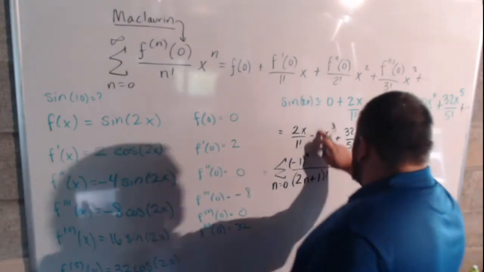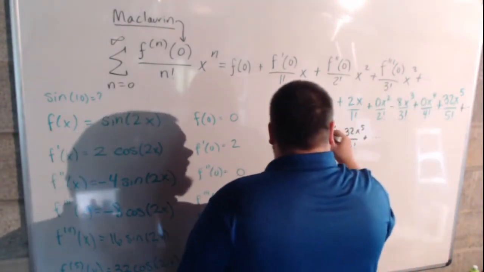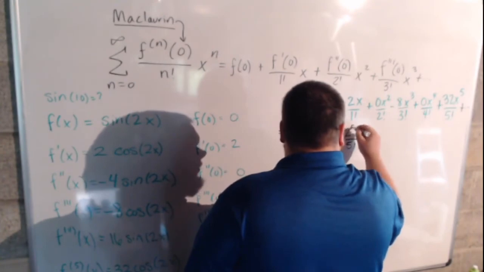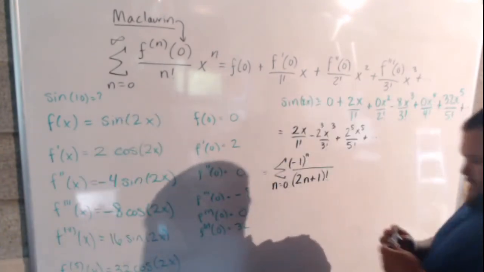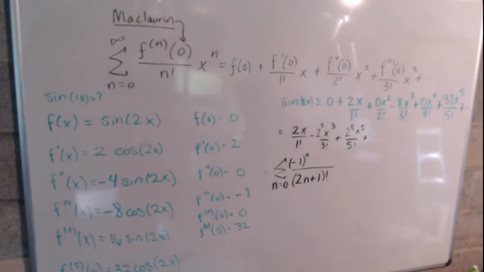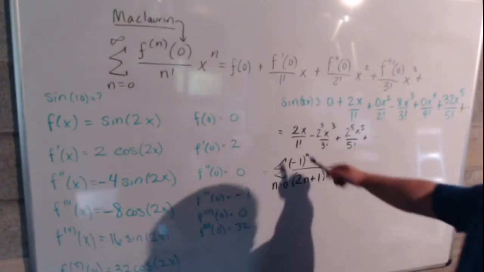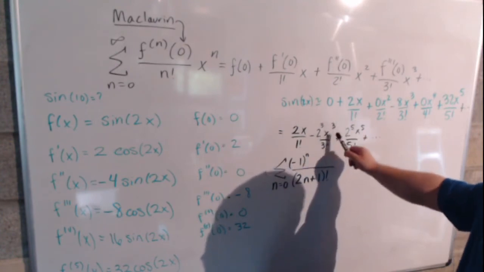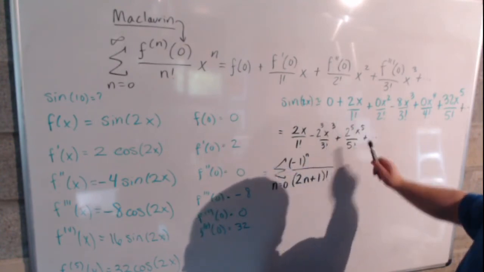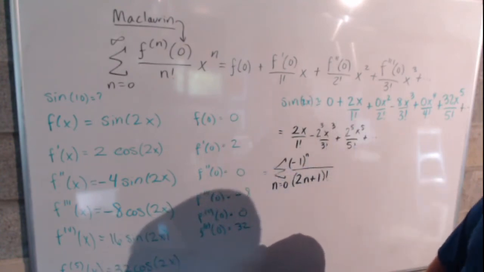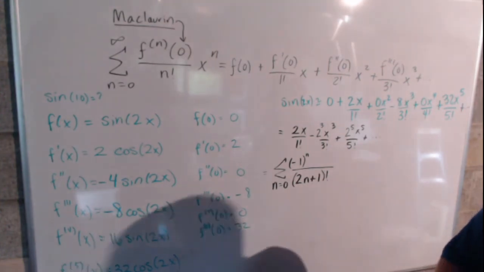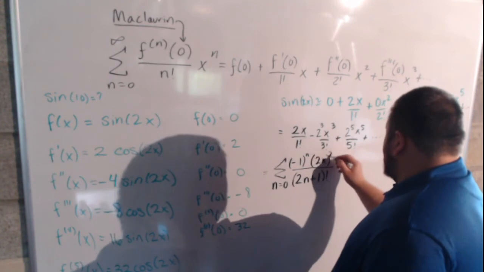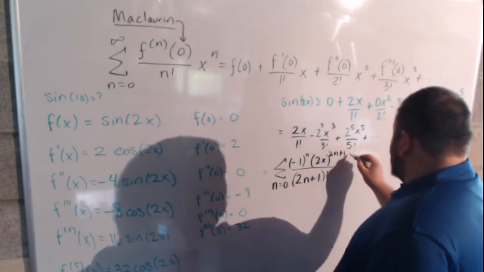I can write 8 as 2 cubed, and I can write 32 as 2 to the fifth. So in fact, we've got 2x to the first power, 2x to the third power, and 2x to the fifth power. So they are also two odd powers. So we've got 2x to the 2n plus 1.